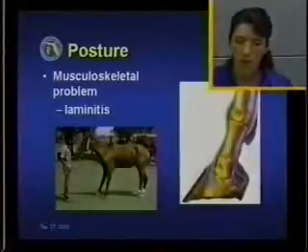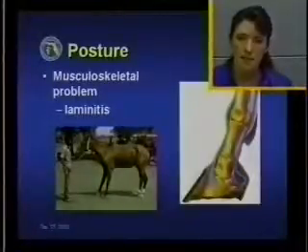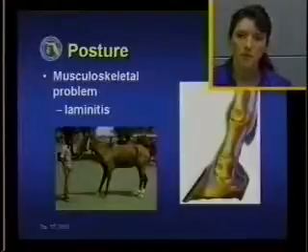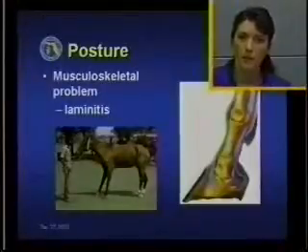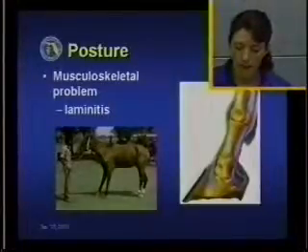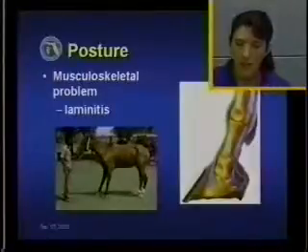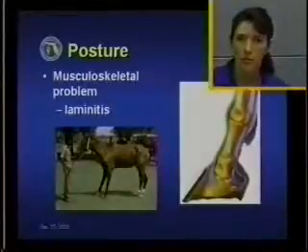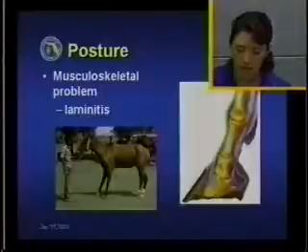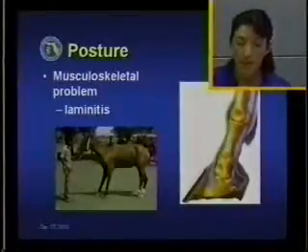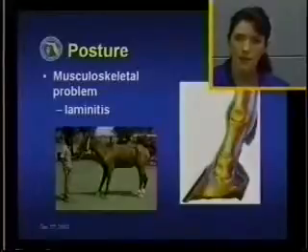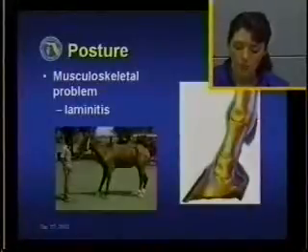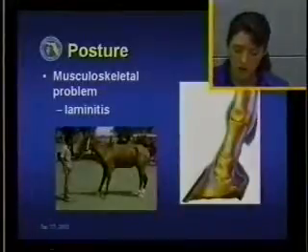Also, we can sometimes see evidence of this shift of the bony column within the hoof capsule by looking at the coronary band, which is the junction between the hoof capsule and the hair of the pastern region, where if we see an indentation, it means that the bony column is pushed down within the hoof capsule.